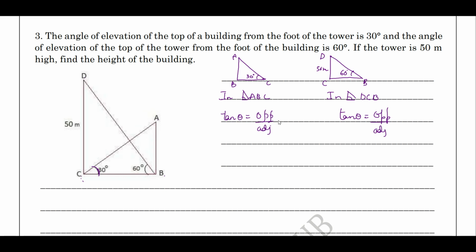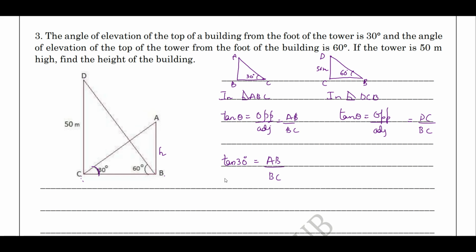What is the opposite side? It is AB, adjacent is BC. Here it is DC by BC or CB. Now what is the theta? That is 30. Tan 30 equals AB, which we should find out, that I consider as height h, over BC.